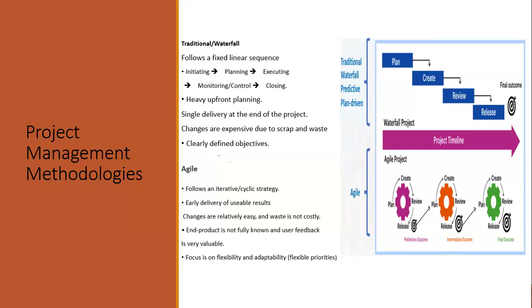In those olden days, they used what they call the waterfall approach to deliver software, or you call it a traditional method or predictive approach to deliver software development projects.